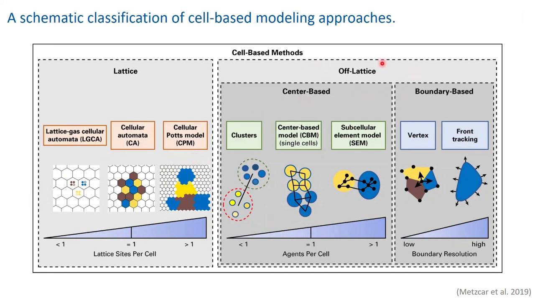And then, of course, you can have off-lattice models, in which you track your individuals based on the center of each hypothetical cell, or some subcellular elements like different cellular organelles, or you can track them based on their boundaries, for example the cell wall or their membranes, and then you calculate their shapes based on tracking these different points.